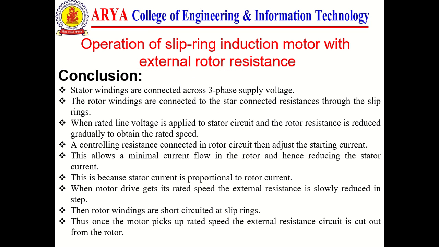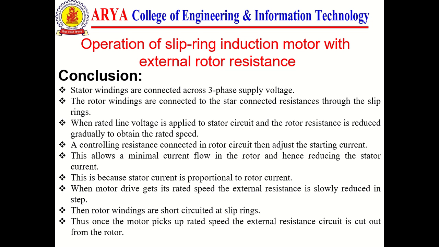Now the conclusion: operation of the slip ring induction motor with external rotor resistance. First, stator windings are connected across three-phase supply voltage. This is the line voltage. Second, the rotor windings are connected to the star connected resistance through the slip rings. When rated line voltage is applied to the stator circuit, the rotor resistance is reduced gradually to obtain the rated speed.